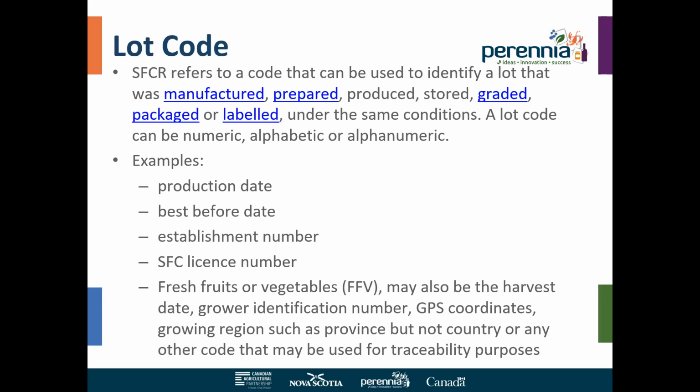Examples of that might be labeling it with a production date, a best before date, putting the establishment number on it, or your license number. So basically some way of identifying that this product was manufactured, prepared, harvested, what have you, at this particular place. So let's say company ABC.